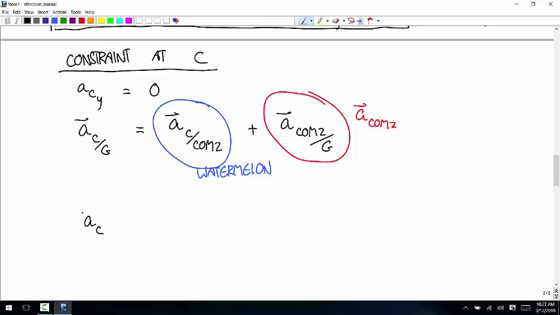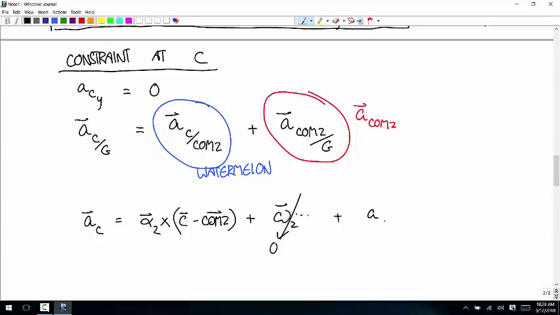So the acceleration at c is equal to alpha cross r plus omega cross quantity omega cross r. What's the alpha we want to use? 2, that's right. So we got alpha 2 crossed with, what does our r vector go from and go to? Yeah, that's right. So c minus center of mass of 2, and then plus omega 2 dot dot dot that goes away.